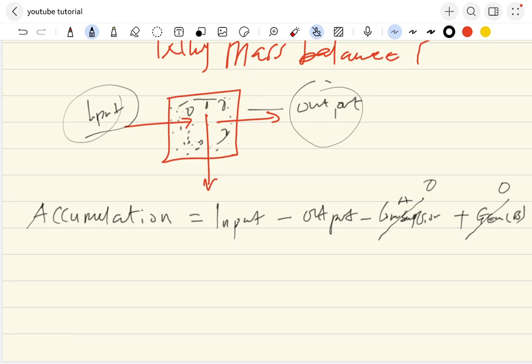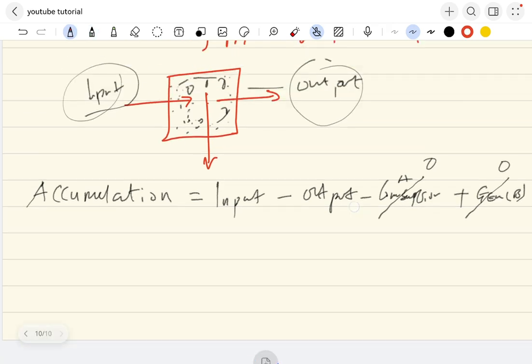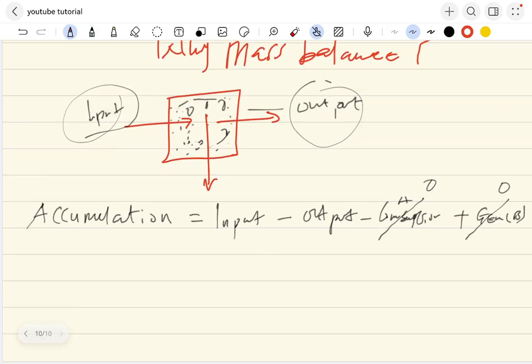So let me turn this into mathematical form so that we can better understand it. So accumulation is simply the change of something inside a tank with respect to time. I call it a tank because a reaction is not taking place inside it, so I'll call it a tank or a vessel.